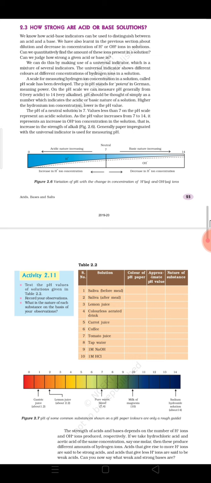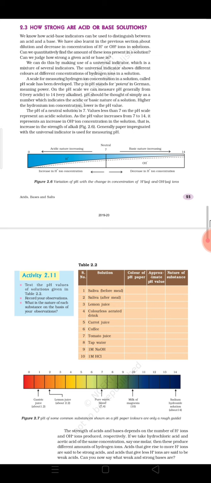Actually, universal indicator is a liquid form of the pH paper, like we discussed litmus paper as well as litmus solution. The universal indicator shows different colors at different concentrations of hydrogen ions in a solution.